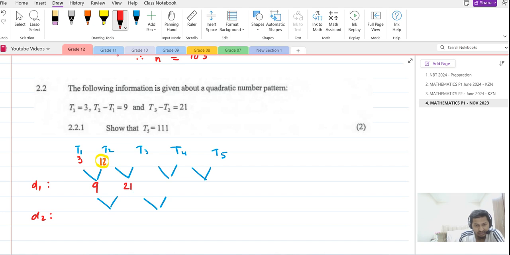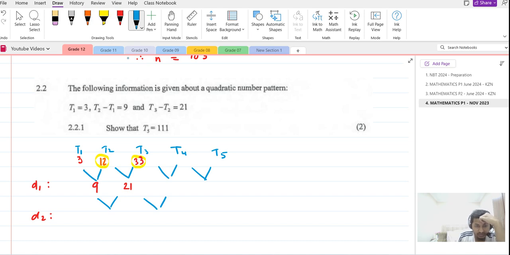So what is term 3 here? Term 3 over here would be 12 plus 21, which is 33. Okay, so let's see what we're doing here now. We are adding 9, then we're adding 21.